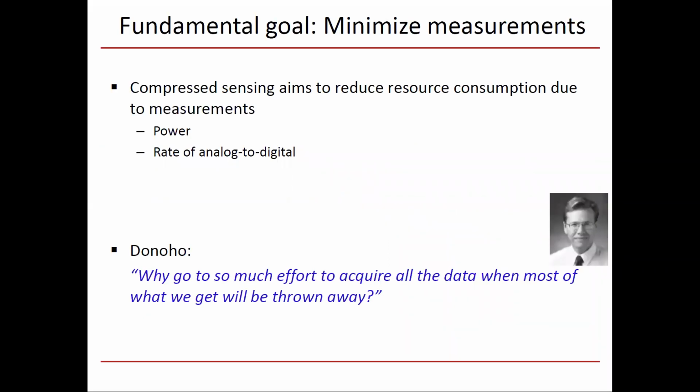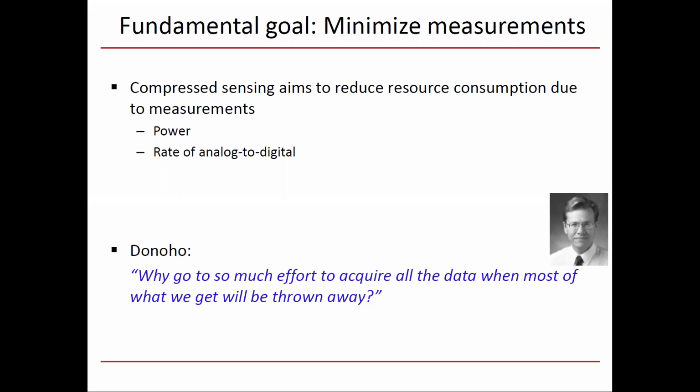So the fundamental goal here is really to minimize measurements. Compressed sensing is aiming to reduce resource consumption due to measurements. Resource consumption could be power in electronics, or it could be the rate of an analog to digital converter. For example, it may be extremely costly to push the next 20% of speed, or it could be something completely different.